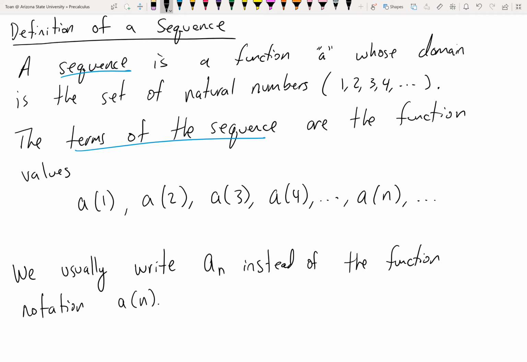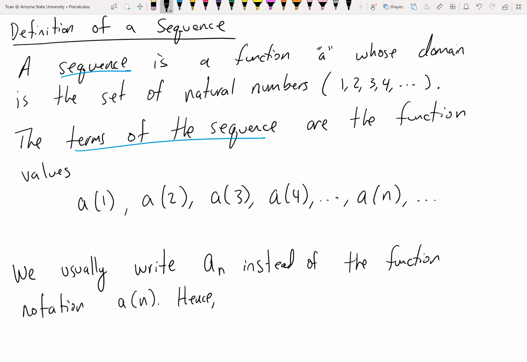You know how function notation is usually f of x, g of x, whatever. Sequences, it is a function, so it's a sub n, n stands for a positive natural number. But instead of using function notation with parentheses, we typically like to use subscript. So a sub n is the same thing.